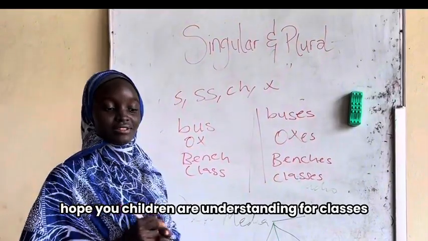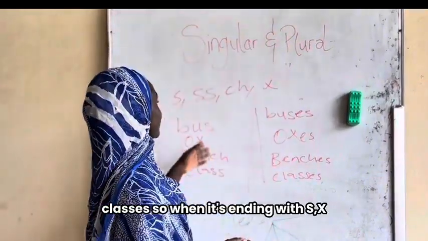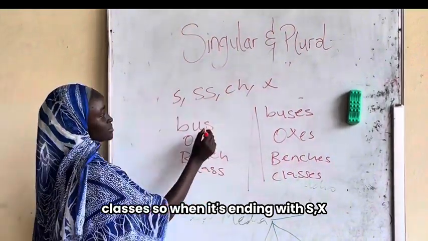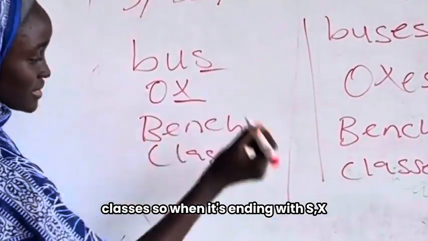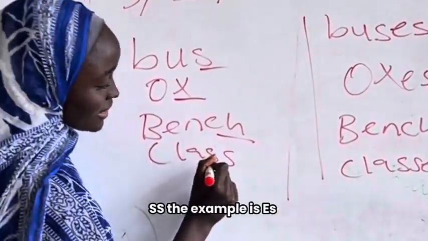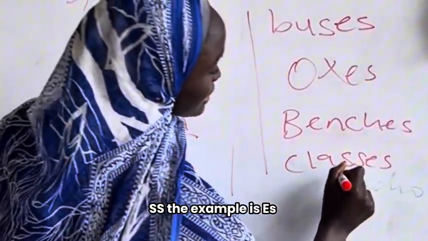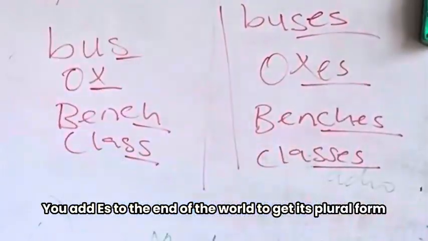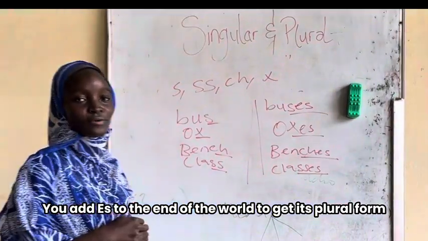Hope you children are understanding. For classes. So when it's ending with x, ch, ss, the ending is es. You add es to the ending of the word to get its plural form.